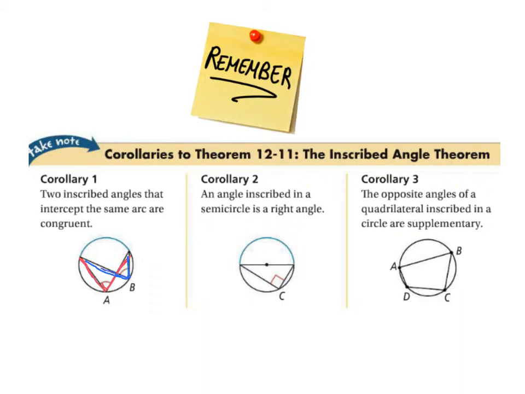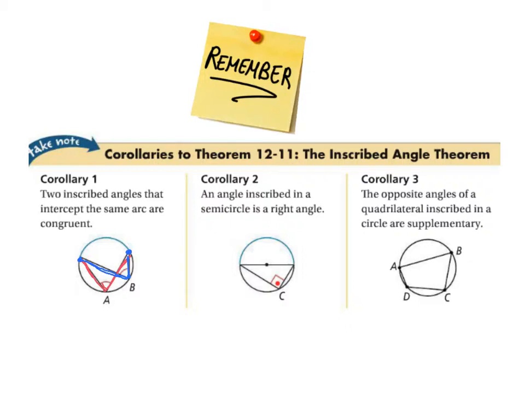Both of them land at this spot and this spot, so they're both intercepting the same arc, this blue arc right here. If the angle is half the arc, whatever that arc is, A is half of it, and so is B. So two inscribed angles that intercept the same arc are going to be congruent. They've got to be the same. It's this bow tie look you're looking for.